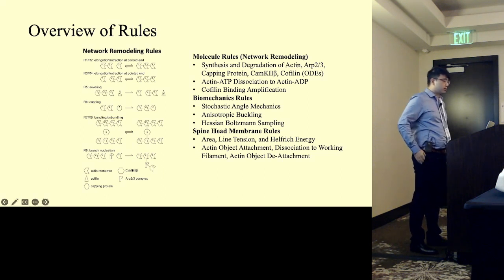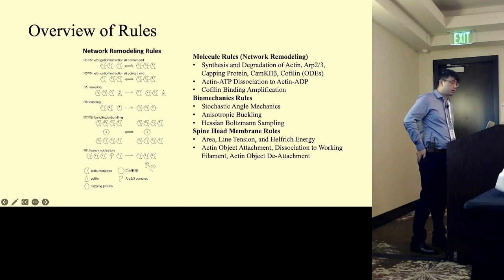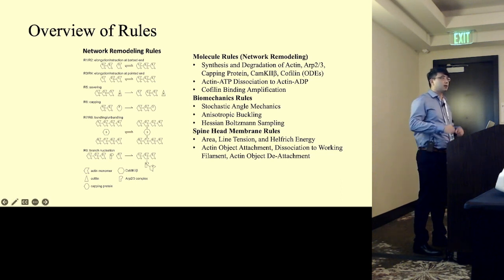The biomechanics rules that change the spatial parameters contained within actin objects have 3 submodules. These are the stochastic angle mechanics that minimize the angle within a sampling of 3 actin objects.